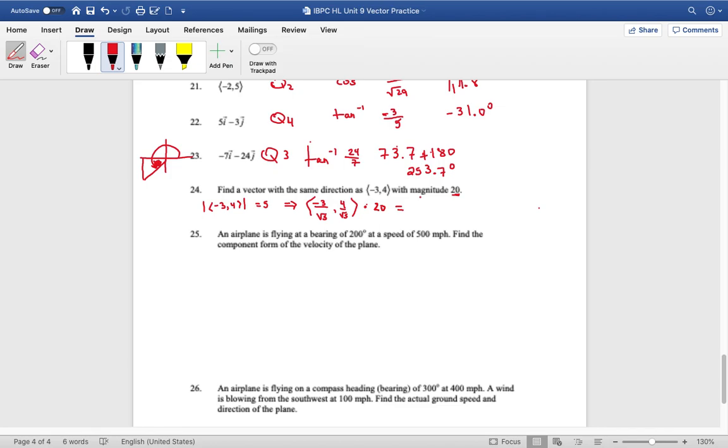Oh, my bad. I wrote root 5 here, didn't I? And this is 5, not root 5. Silly girl. And of course those 5s will cancel there, so I end up with negative 12, 16, because all of those were such nice numbers.